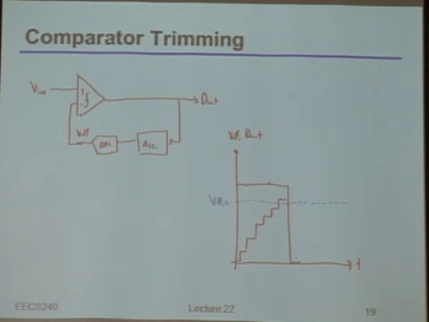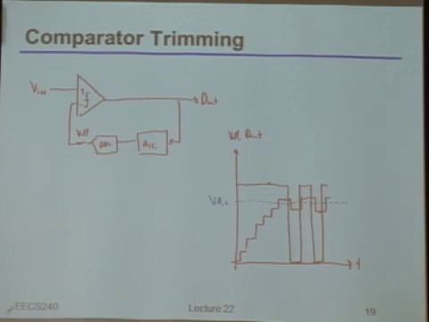Once that happens, the accumulator will get updated, and its output will drop down by 1. Then next clock cycle, the output of the comparator goes high, the accumulator jumps up by 1. Next cycle, the output of the comparator goes low, the accumulator jumps down by 1. And so on and so forth.